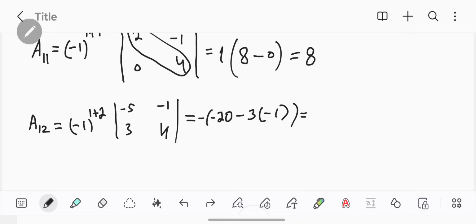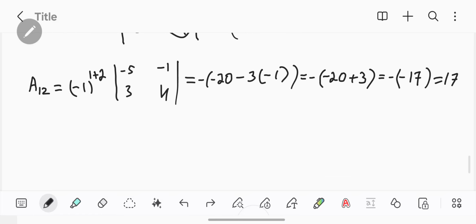So minus 3 times minus 1. If I simplify, I will get negative times negative 20 minus 3 times minus 1 is plus 3. If I simplify these two things, I will get minus 17. So it is plus 17.